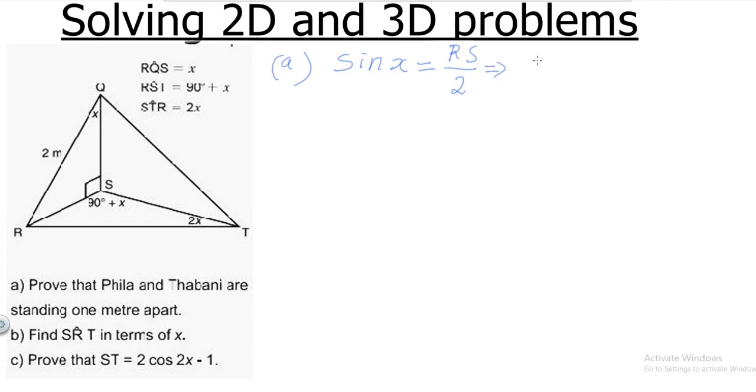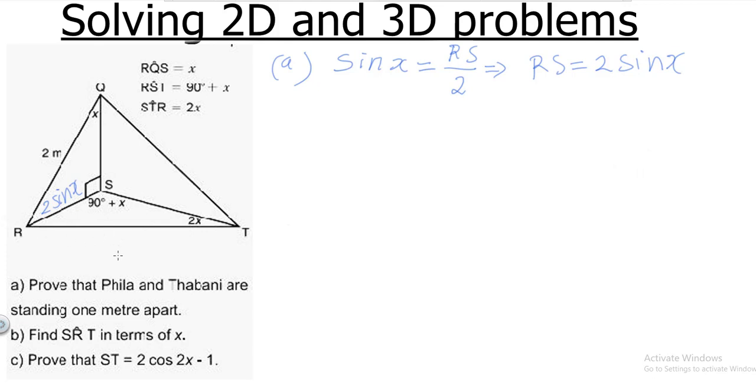Therefore, if we cross multiply, RS is equal to 2 sine x. So we'll put 2 sine x over here. RS is 2 sine x.